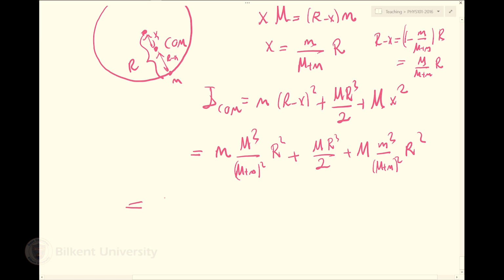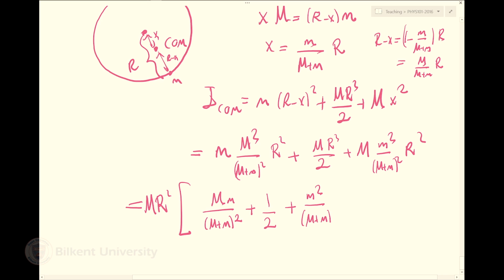I'm going to say this is r squared times. Let me take a factor of capital M out too. M over m plus M squared plus 1/2 plus small m squared times.